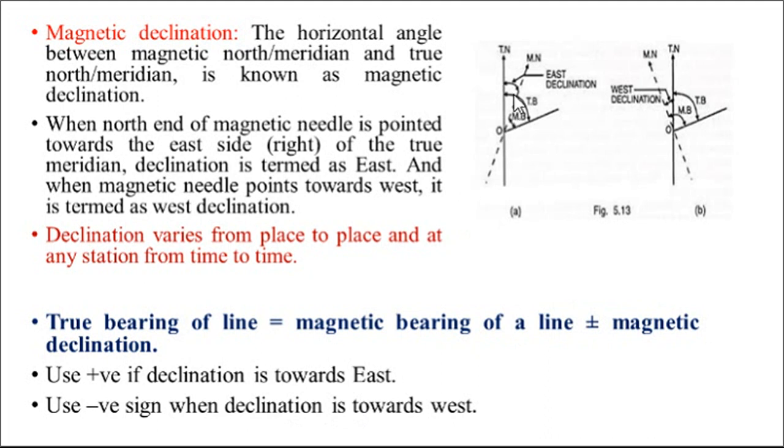See the figure: this is the declination and this is the bearing of the line, say OA. To find the true bearing, we have to use a positive sign, and when the magnetic meridian is on this side, we have to add this angle to find the true bearing. When it is towards the west side, we have to use a negative sign.